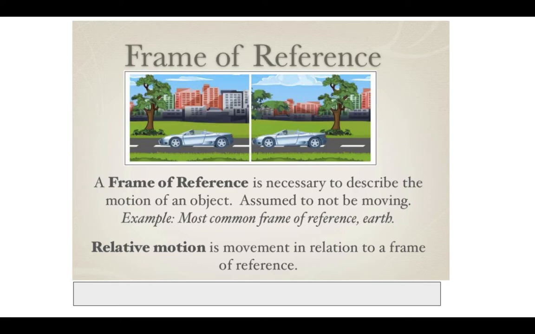So we're all in constant motion, but relative to each other, that's the motion we're referring to. If you're moving side by side with someone who's going the exact same speed, the exact same direction, it may appear that they're not moving at all. So that's what we mean by a frame of reference. Relative motion is the motion in relation to some sort of frame of reference.